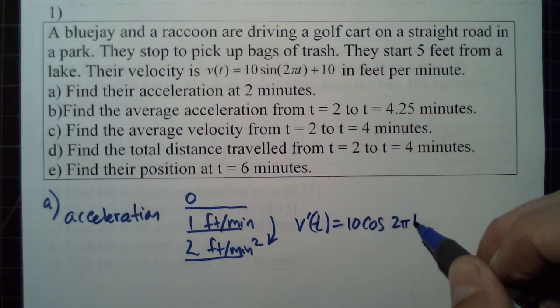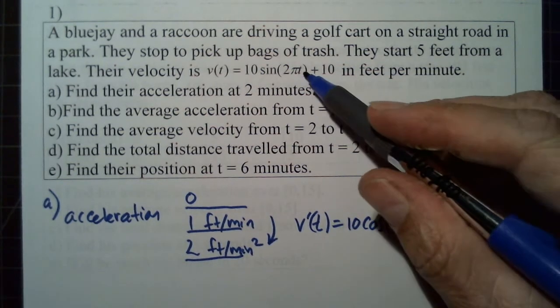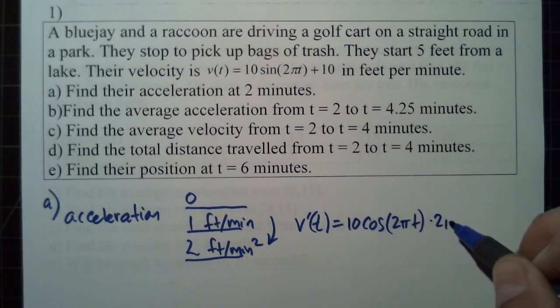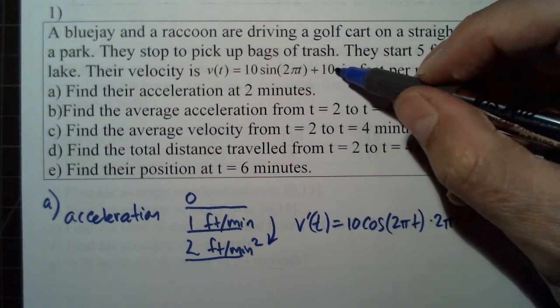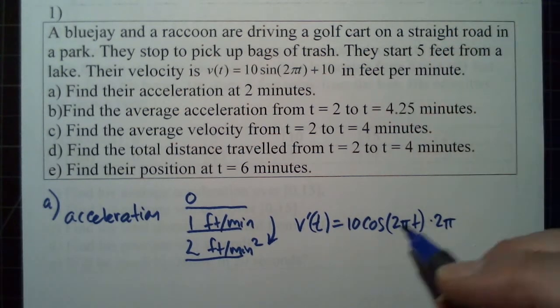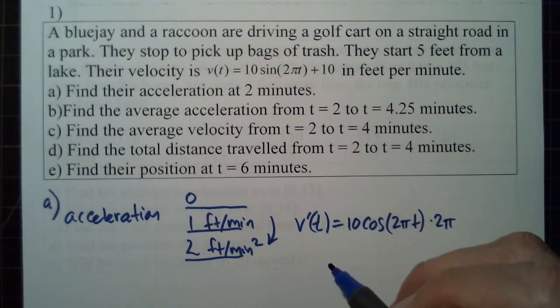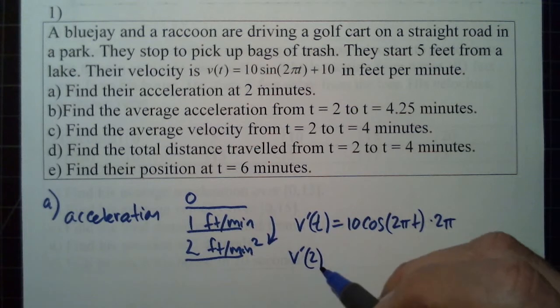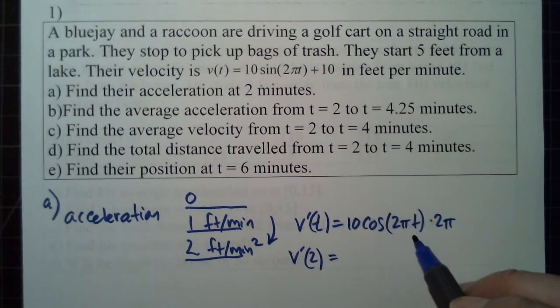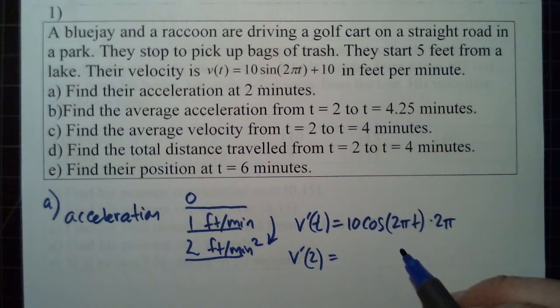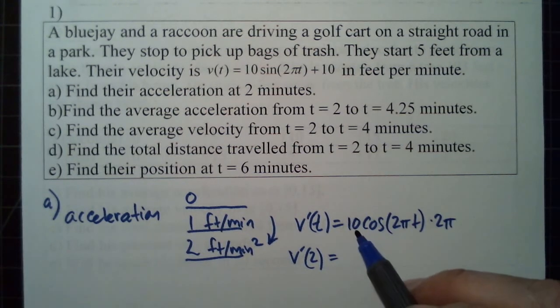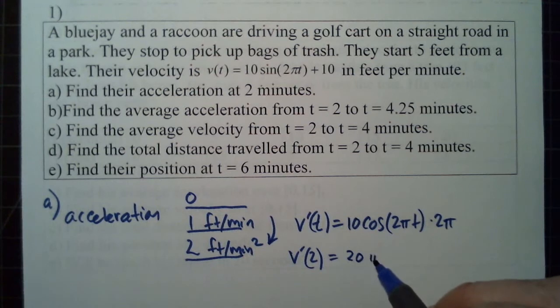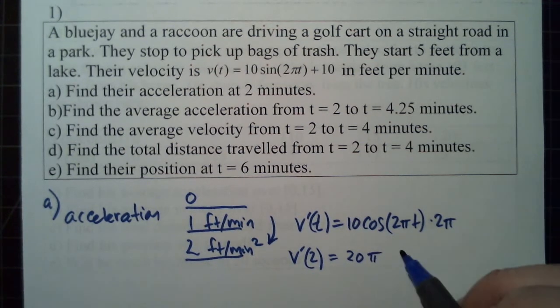We'll leave the inside the same, times the derivative of the inside, and then the derivative of 10 is 0. We're going to evaluate that at 2 minutes, so v prime of 2. If we put a 2 in there, we'll have 4 pi, and cosine of 4 pi is 1, so it's just going to be 20 pi, and that'll be in feet per minute squared.